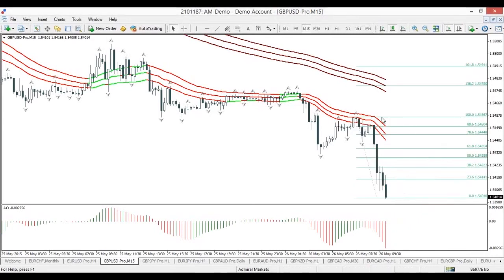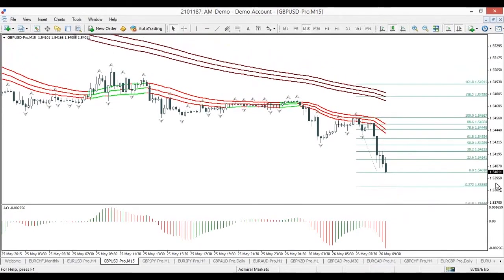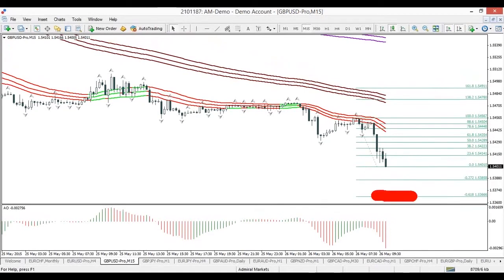So the stop loss is here, entry 154.20, 154.25, around here, and the target 153.50, which is the minus 6D 1.8 as well.